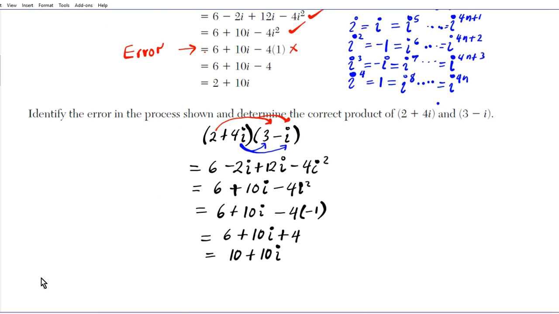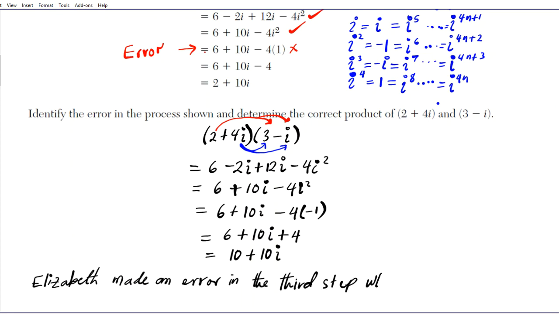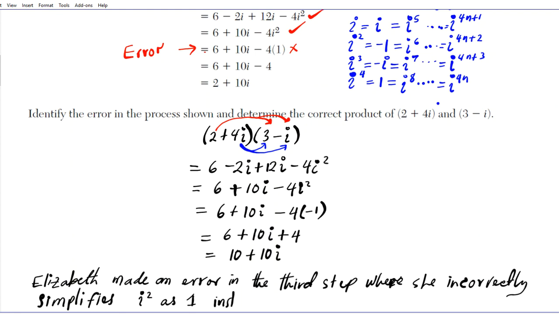Okay, so Elizabeth made an error in the third step where she incorrectly simplifies i squared as positive 1 instead of negative 1.